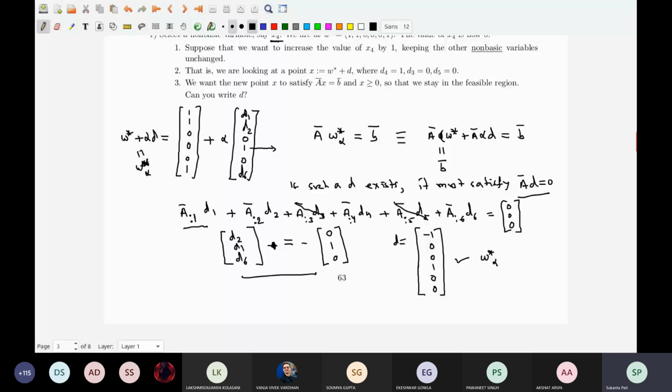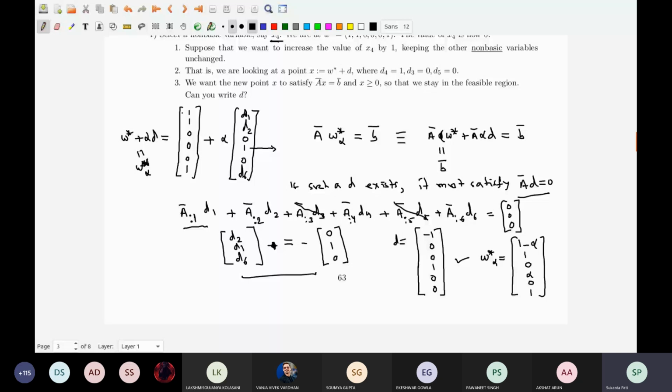So this will actually be 1 minus alpha, and so on. You add this to W star. See, the first entry of W star was 1 and the first entry of D was minus 1.